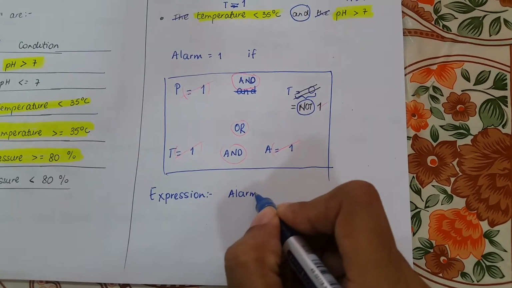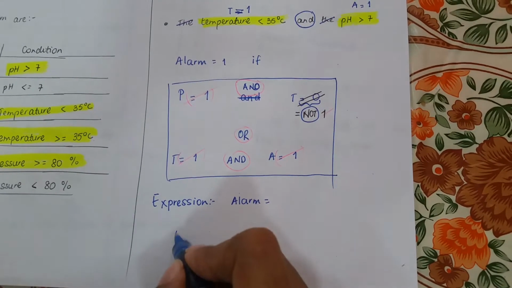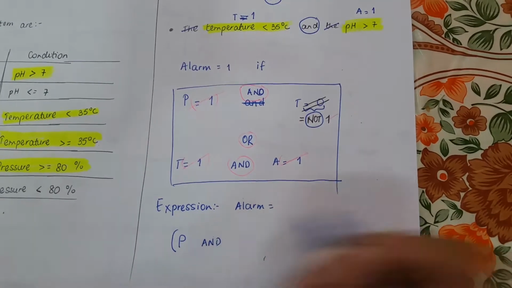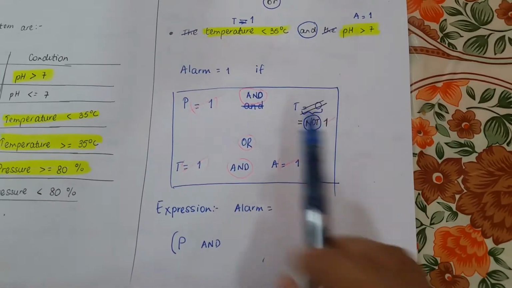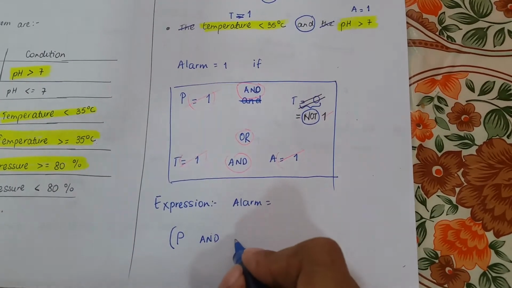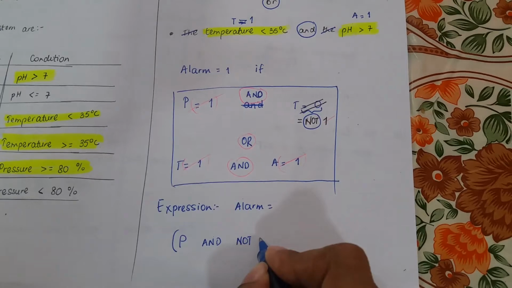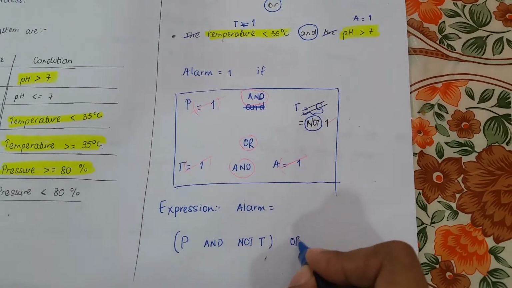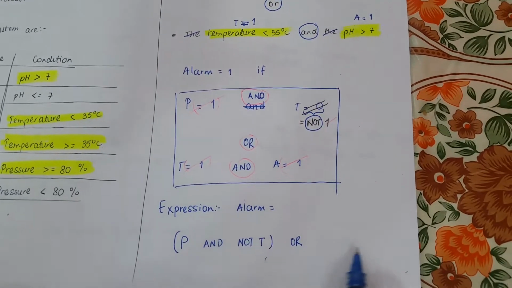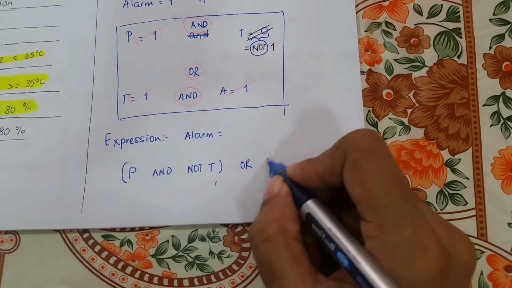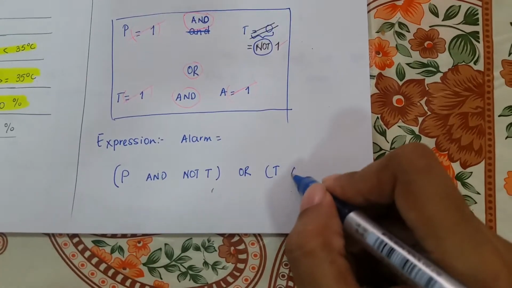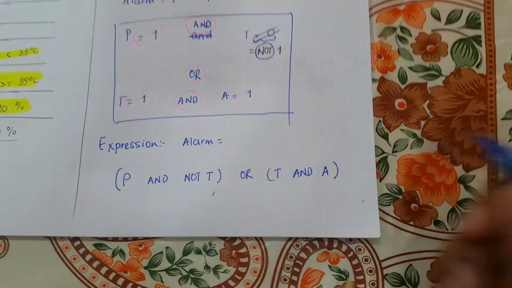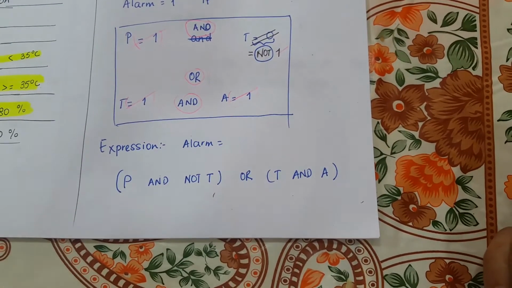So the expression will be alarm is equal to P and, since this is T not equal to 1, it is going to be NOT T. Then I have OR, and the second line is going to be T and A. Right.